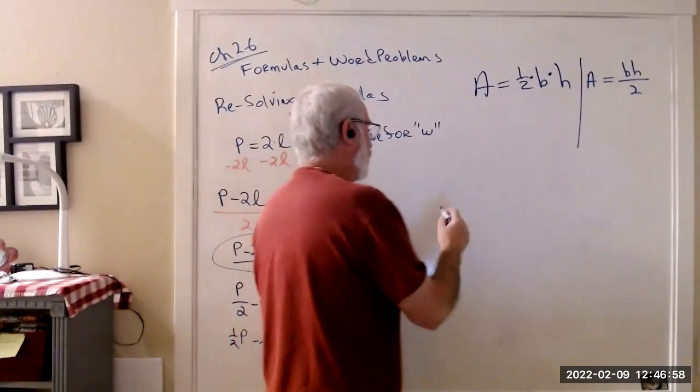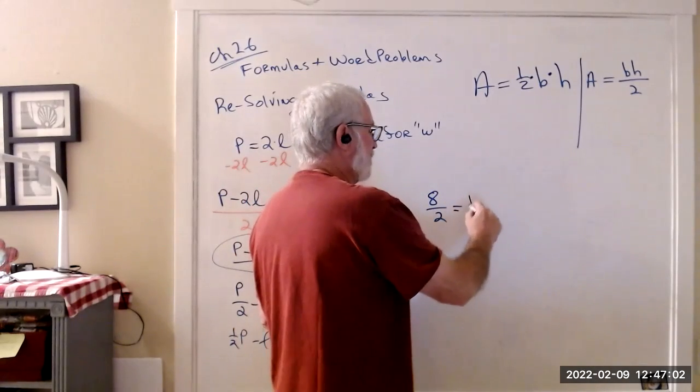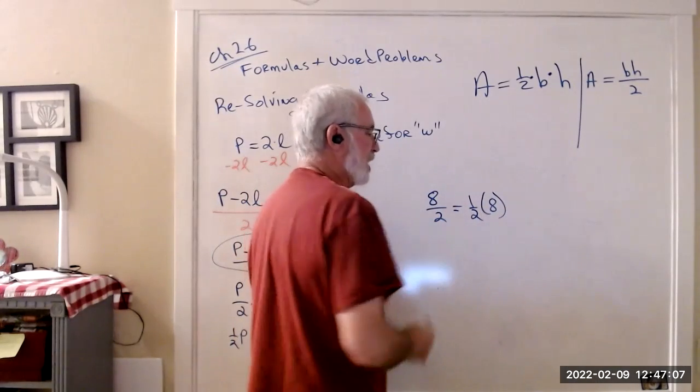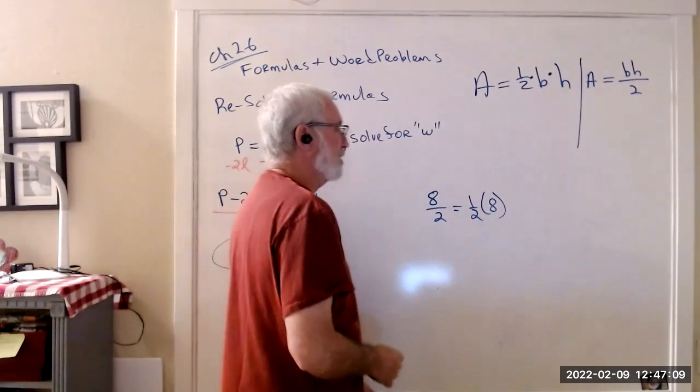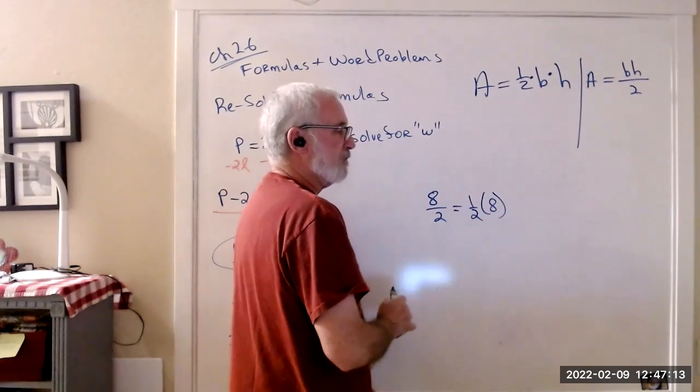Because think about this, if you do 8 divided by 2, that's the same thing as 1/2 times 8. They're exactly the same. The ultimate answer on the calculator is the same. So you can switch from one form to the other, whichever is easier for you.